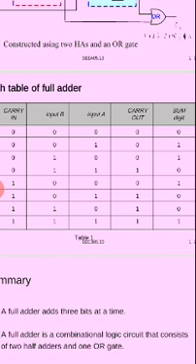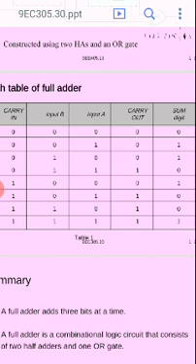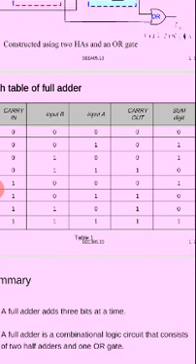For the 0 1 0 combination, carry output is 0, sum is 1. For the 0 1 1 combination, carry output is 1, sum is 0. For the 1 0 0 combination, carry output is 0, sum output is 1. Correct, doesn't it?